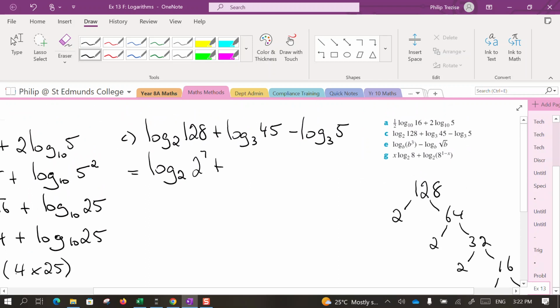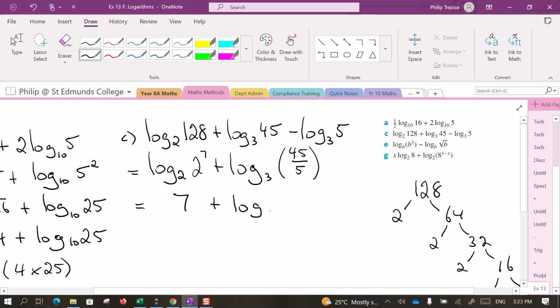Now here I have 2 logarithms to base 3. And when subtracting, we can make this a division, 45 divided by 5. As we saw earlier, if it is a power of 7, it can come to the front, and then log of 2 base 2 is just times by 1.